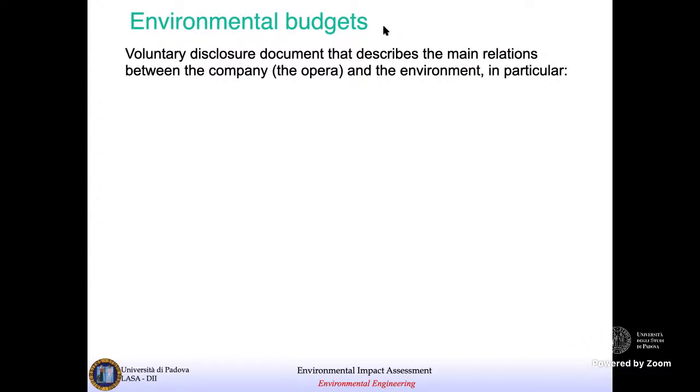In particular, environmental budgets refer to voluntary disclosure documents that describe the main relations between the company or the operation and the environment. In particular, these are a list of the various sectors in which you may employ environmental budgets.